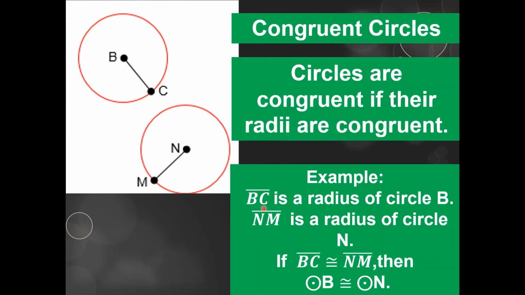For example, BC is a radius of circle B, and NM is a radius of circle N. If BC is congruent to NM, then we can conclude that circle B is congruent with circle N dahil parehas sila ng measurement ng kanilang radii.